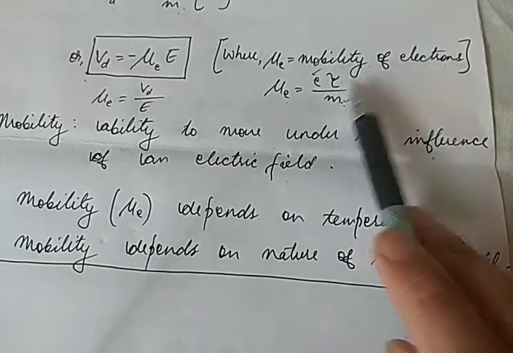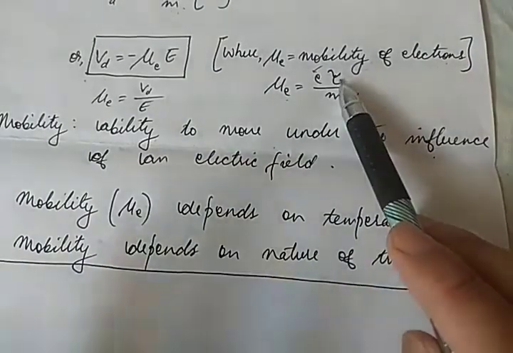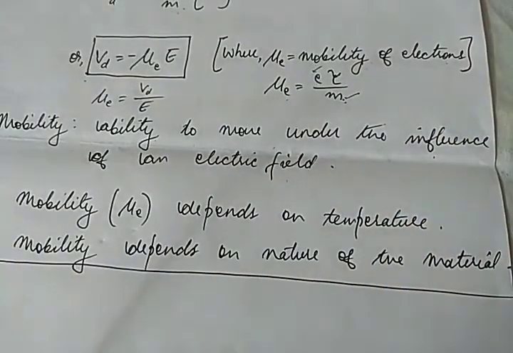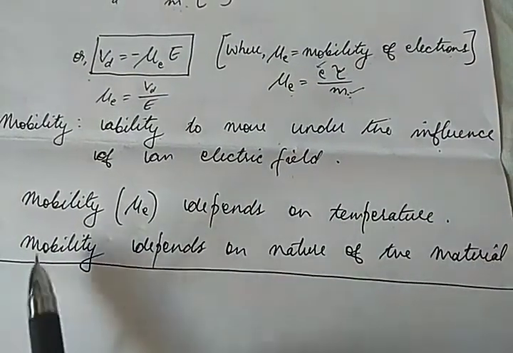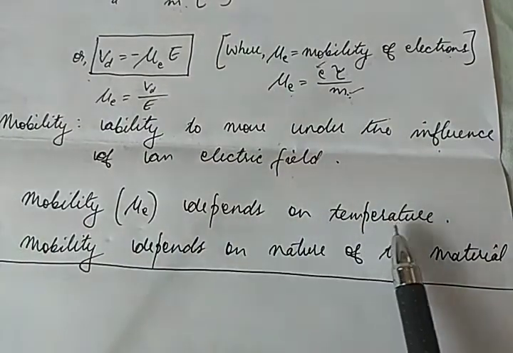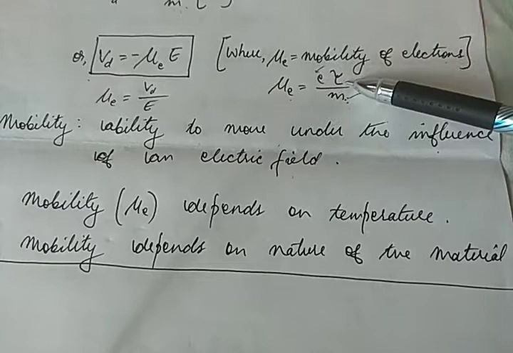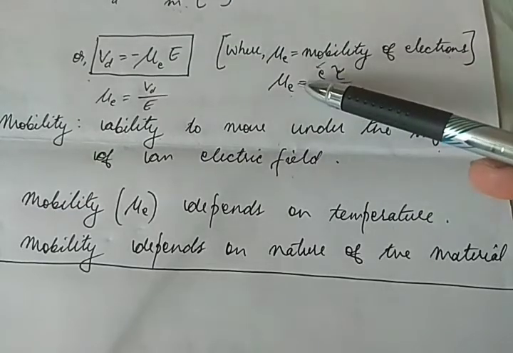For different conductors the relaxation time will be different, and at different temperatures the relaxation time will be different. So we are saying mobility depends on the temperature, because once the temperature changes, the relaxation time also changes, so the mobility also changes.